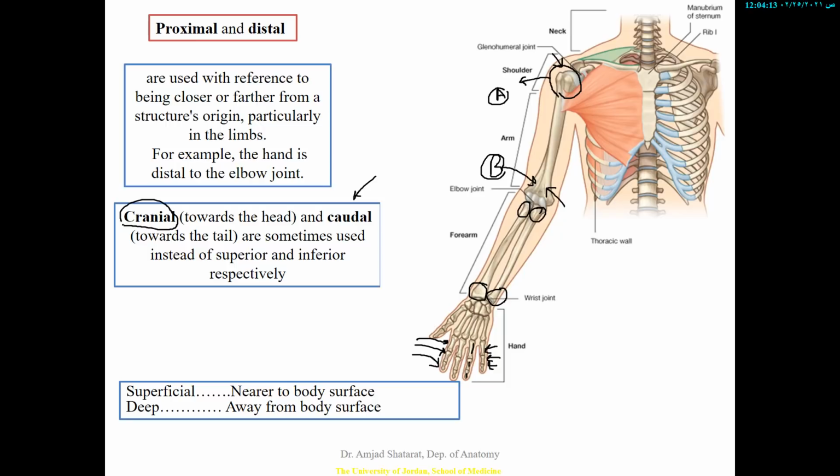By the way, the embryo during its development develops a tail, then this tail of course disappears, but this is still the way we describe the embryo. What is close to the brain is cranial. What is close to the tail is caudal. Also superficial and deep. For example, the skin is superficial, however the bone is deep, and they are also relative terms.